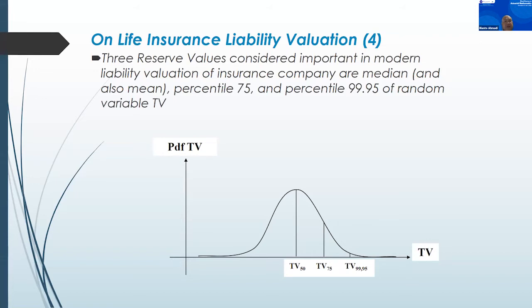In a random variable, you can pick the 75th percentile, maybe, or maybe the 50th percentile, or maybe the 99.95th percentile.